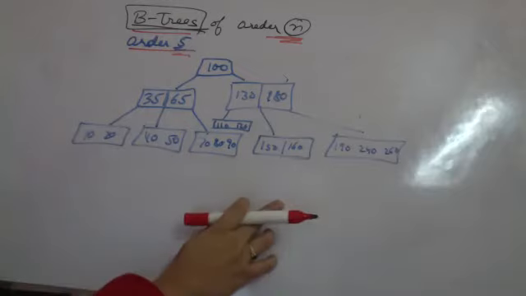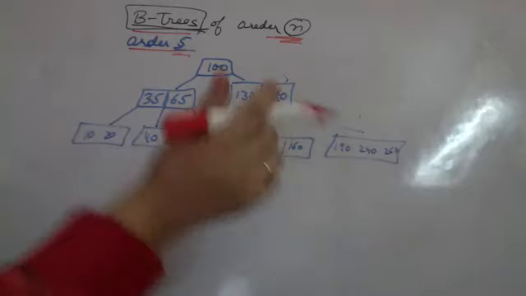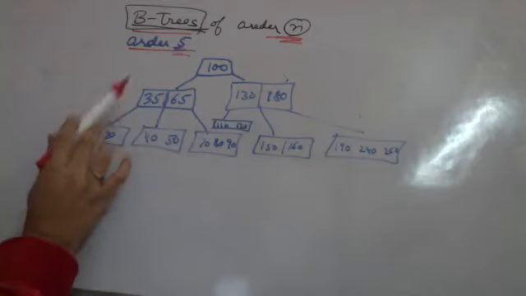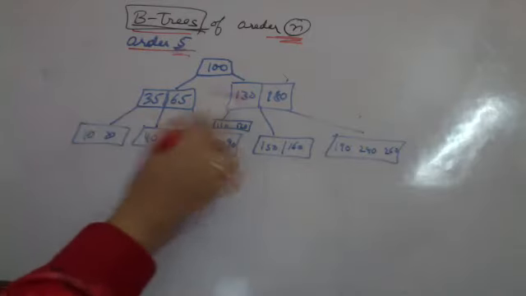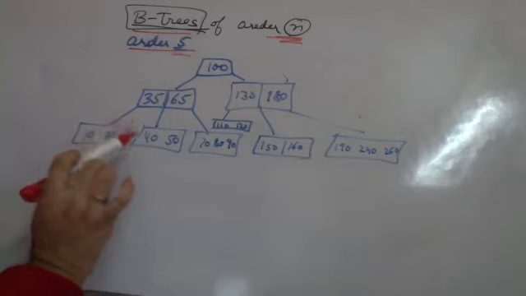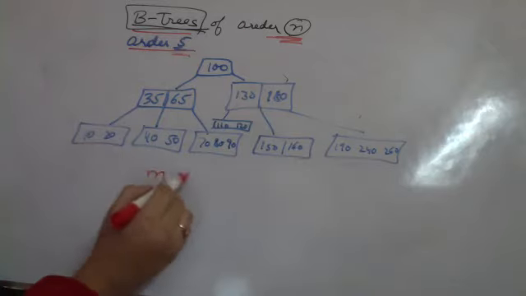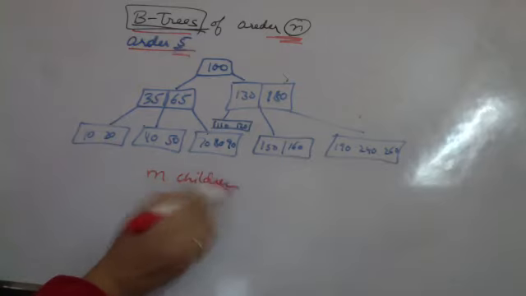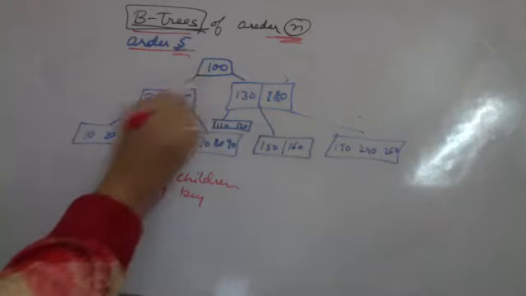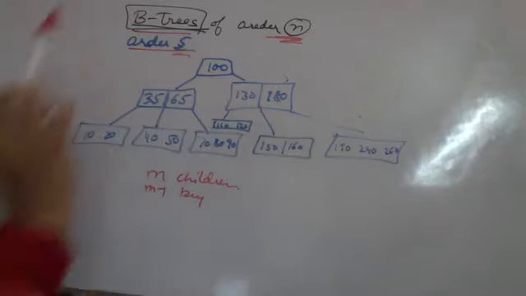Sare leaf nodes are at the same level. All the non-leaf nodes are essentially having n by 2 children. Minimum 2 children हैं दोनों nodes के, ज़्यादा भी हो सकते हैं. And when I am having m children for any node, I am having maximum m minus 1 keys. Since root के 2 ही हैं, तो root की भी m minus 1 key है.